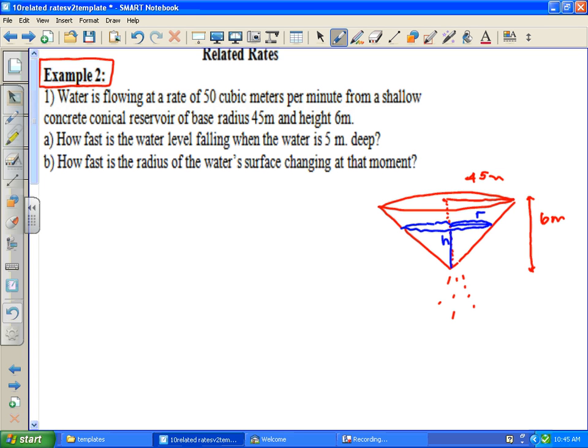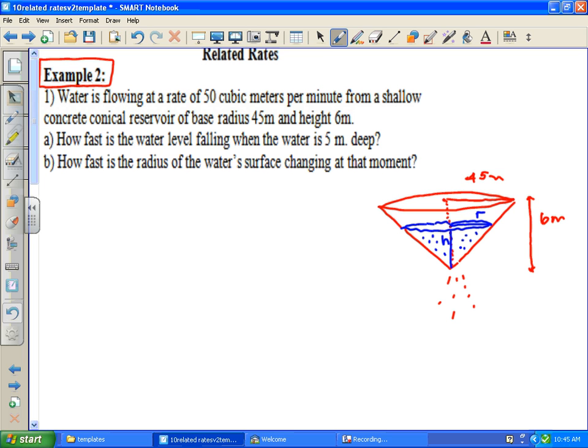And for the water that is actually in the container, I'm calling the radius R and the height H. That's changing. As this water flows out of this container, R and H are changing, right? That's why I assign variable names for those, whereas the outside dimensions are not changing. That's why I'm putting actual constants for those, 45 for the radius and 6 for the height.